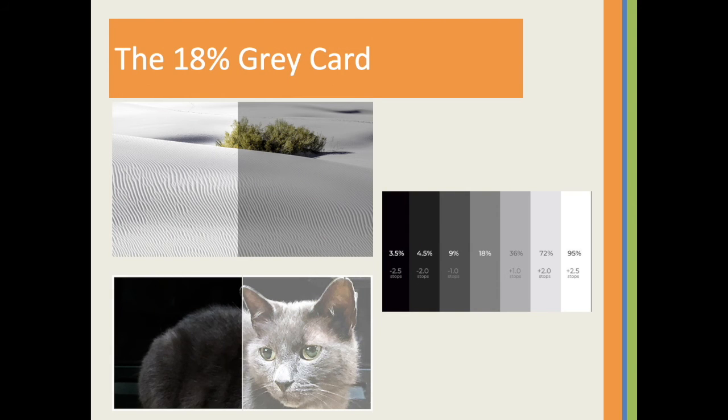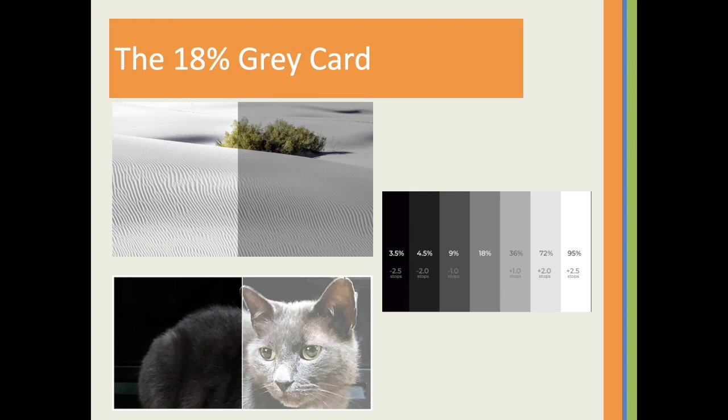So there are situations that get tricky for the light metering system in the camera, especially when the scene is predominantly white or black. In fact, the camera doesn't see the world in color but in neutral gray, and neutral gray reflects 18% of the light that hits it.